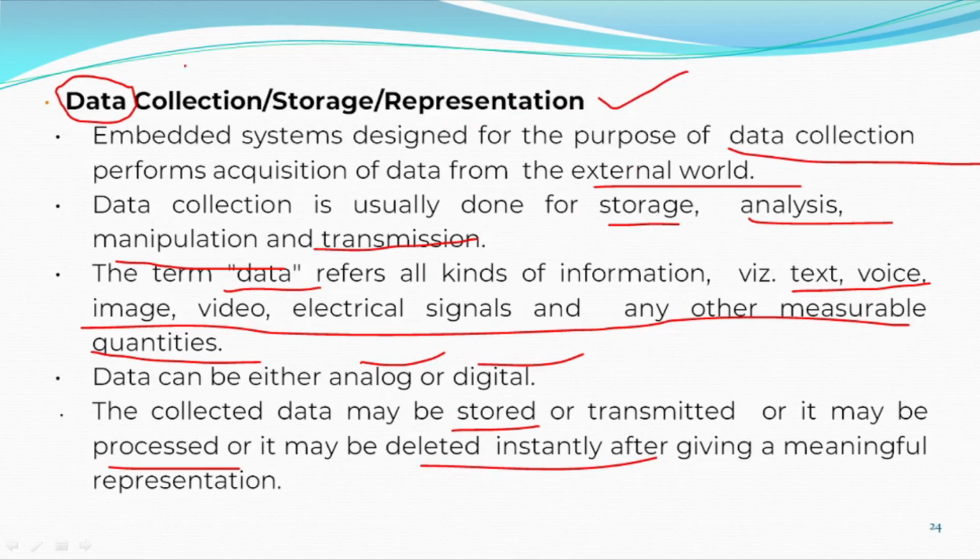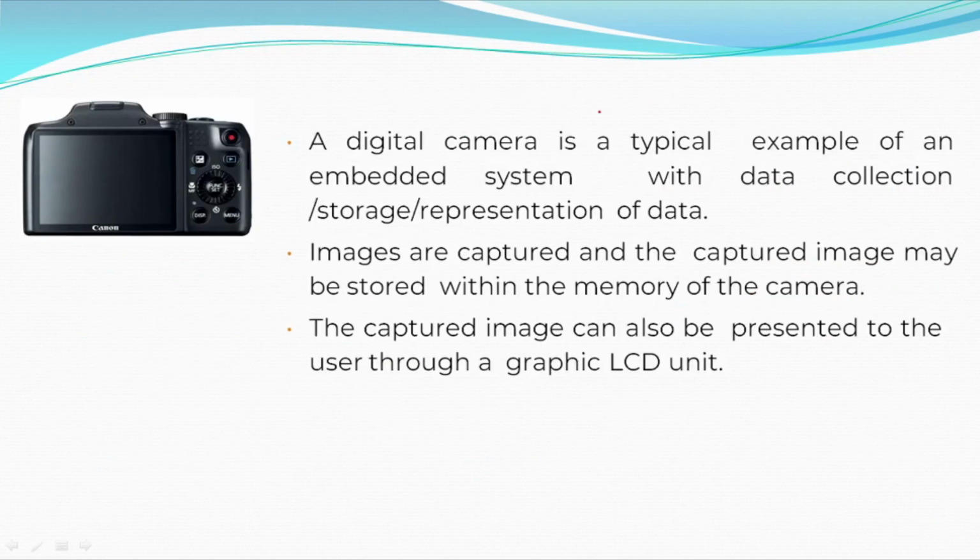Now when you think about all these features, what electronic gadget comes to your mind which performs all these tasks? One of the easy examples for this could be a digital camera. If you look around and find a beautiful scenery, the immediate thing that you do is click a picture of that.